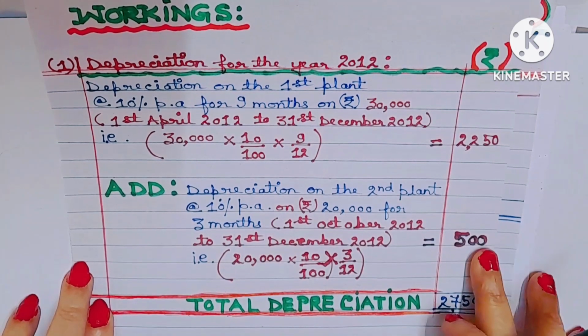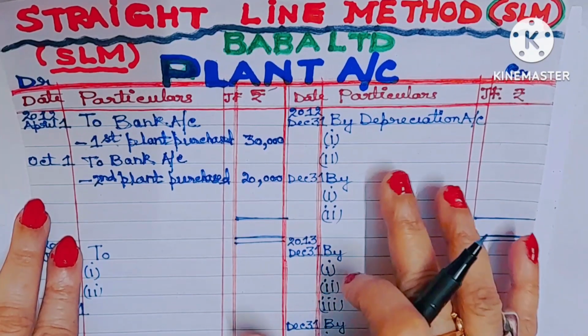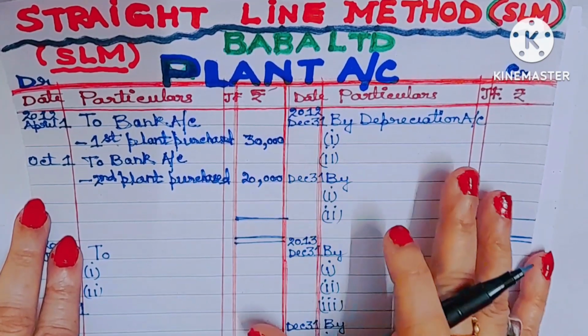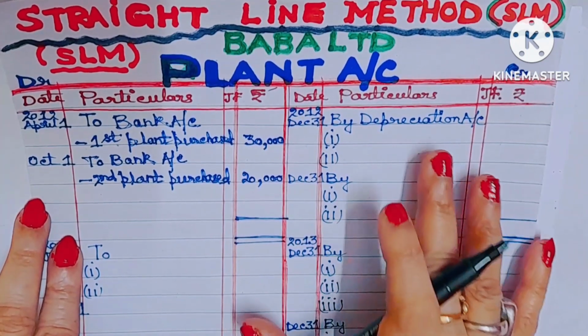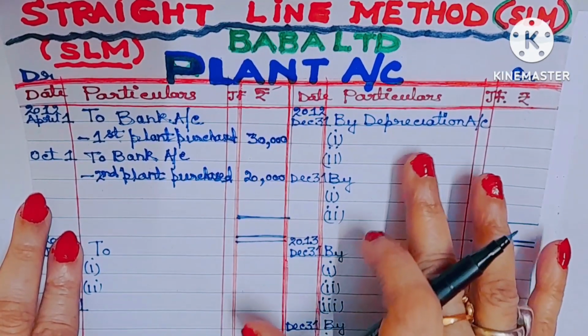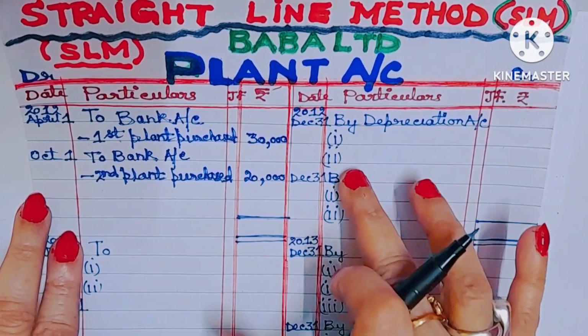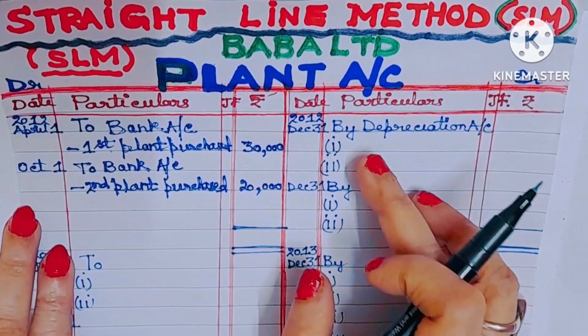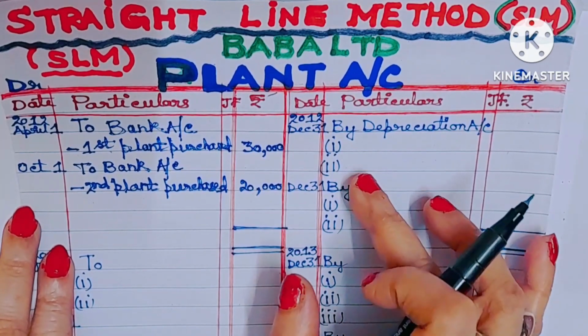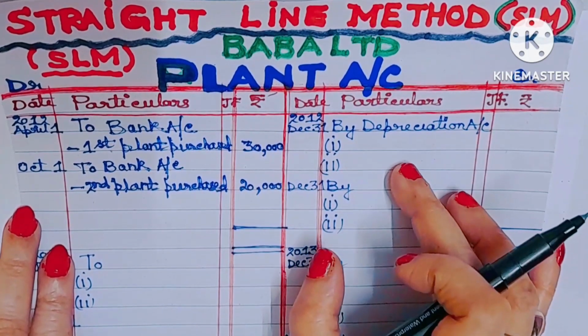Okay. Now let's write. Since there are more than one plant, we got to write the depreciation separately. Otherwise, যদি একটা প্ল্যান্ট থাকতো আমাদের আলাদা করে লিখতে হতো না। Understood? Since there is more than one plant, আমাদের আলাদা করে ডেপ্রিসিয়েশন লিখতে হবে. Number 1 is the depreciation for the first plant. Number 2 is the depreciation for the second plant. Understood?